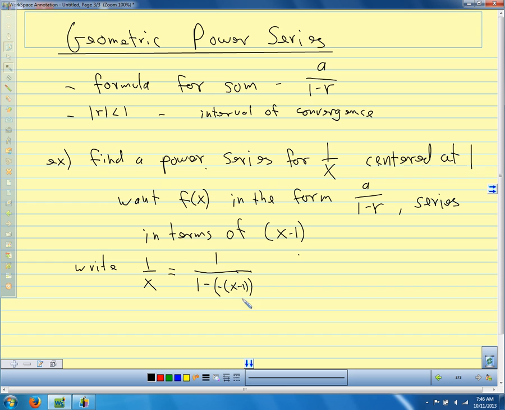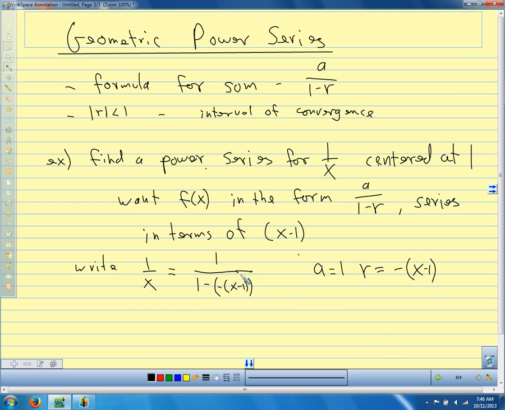So I want to rewrite this denominator so that I end up with the original. So this is the sum of a geometric series where a equals 1 and r equals negative x minus 1.